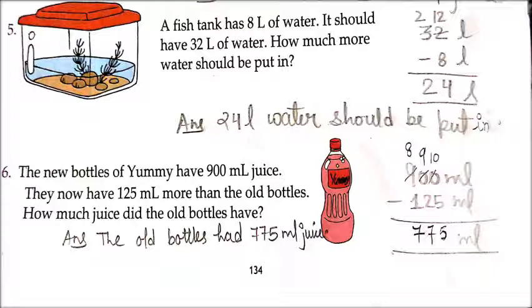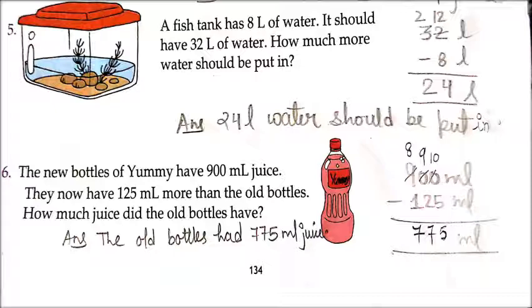Now children, next question, question number 6. The new bottles of Yummy have 900 milliliters juice. They now have 125 milliliters more than the old bottles. How much juice did the old bottles have? Children, here the capacity of new Yummy juice bottle is 900 milliliters.